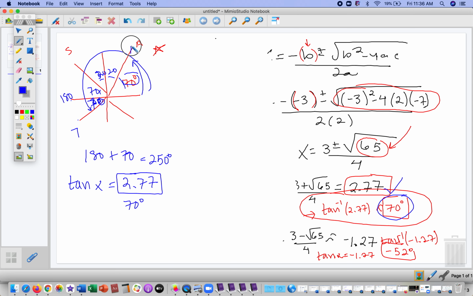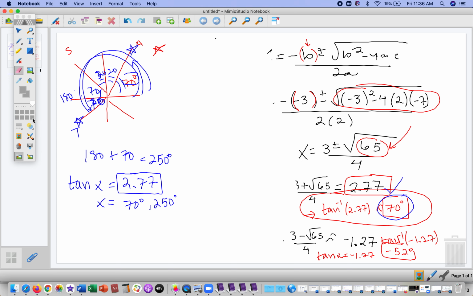So we know at this spot, 70 degrees, we have our first value. Then, if we reflect, we know our other tan value will be down here in the third quadrant. So based on my reflection, I did 70, 20, 20, 70. And so as I start to spin to that terminal side, I have 180 plus 70, right? And that's how I also get 250.